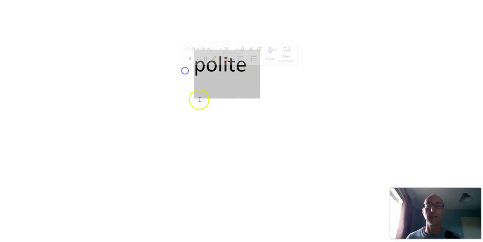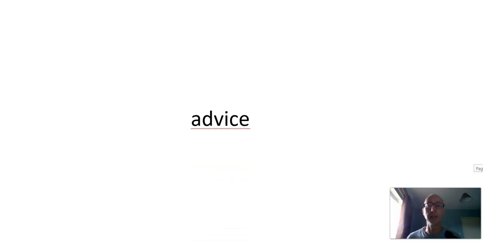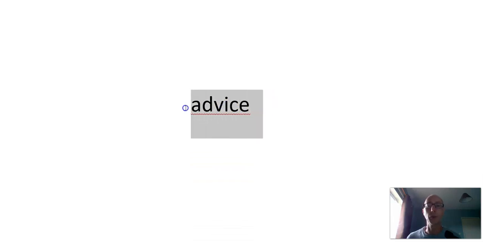The C is soft. It's a S sound. So it's slice. How do we say this? We have I-T-E. Polite. Polite. The opposite of rude. Polite. This word we looked at in another video.